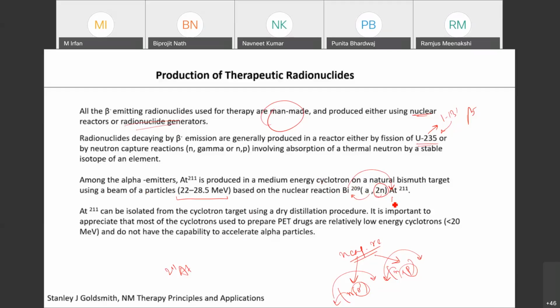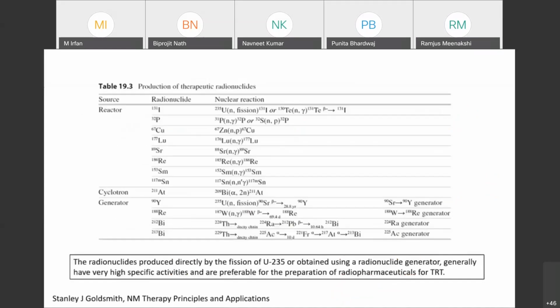This astatine-211 can be recovered from the target and used in a further processing step to radiolabel astatine to molecules of interest which are specific for a given tissue or receptor used for therapy. So these are the ways we can produce the radiopharmaceuticals used for therapy, and I will just give a glance view because these have been covered anyway.